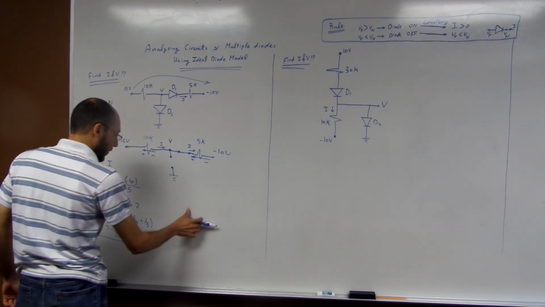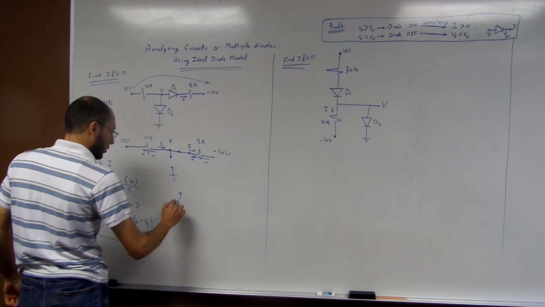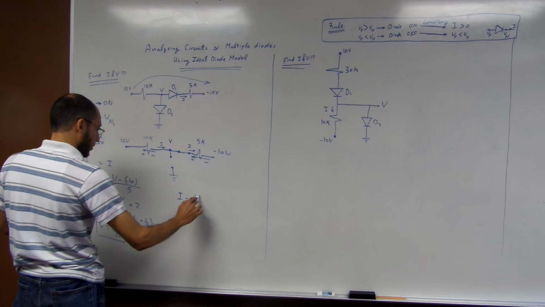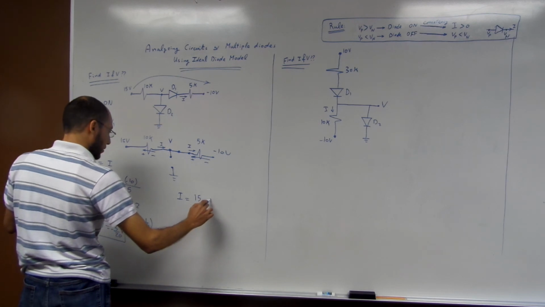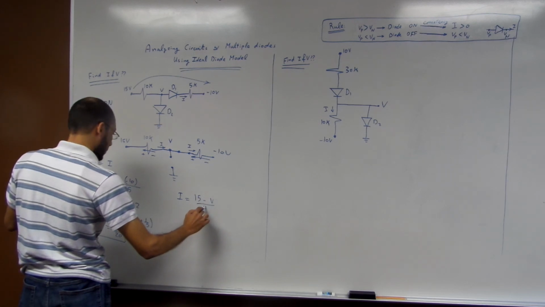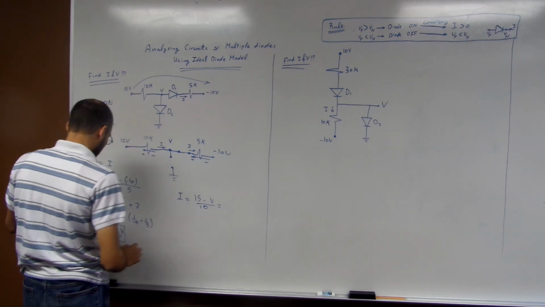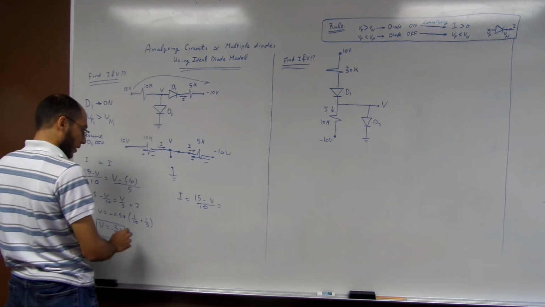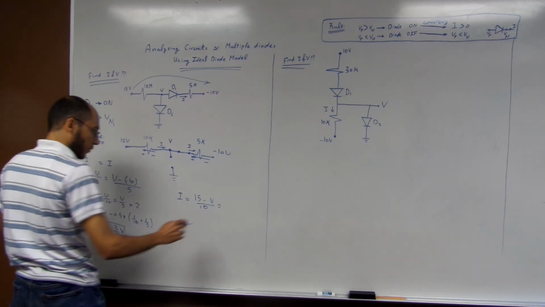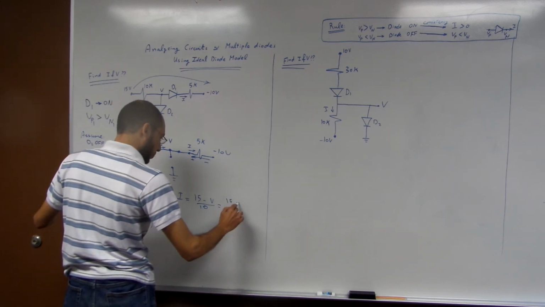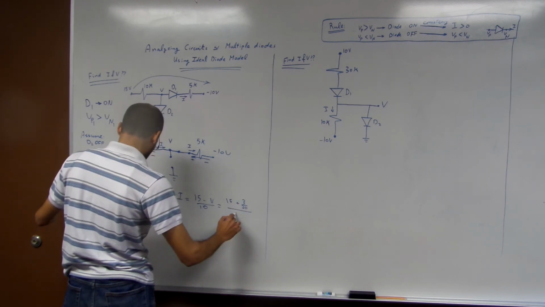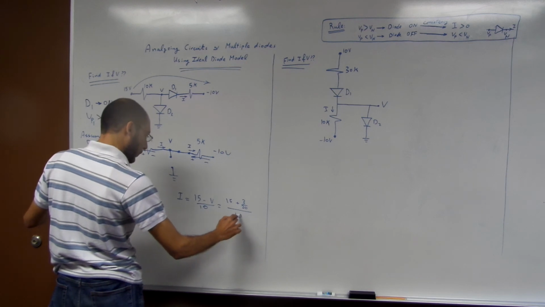Okay. What's the value of the current? The current I is equal to 15 minus V over 10, which is equal to 3 over 10, 3 over 20, so that's 15 over 20, 15 minus, so that's 3 over 20 over 10.